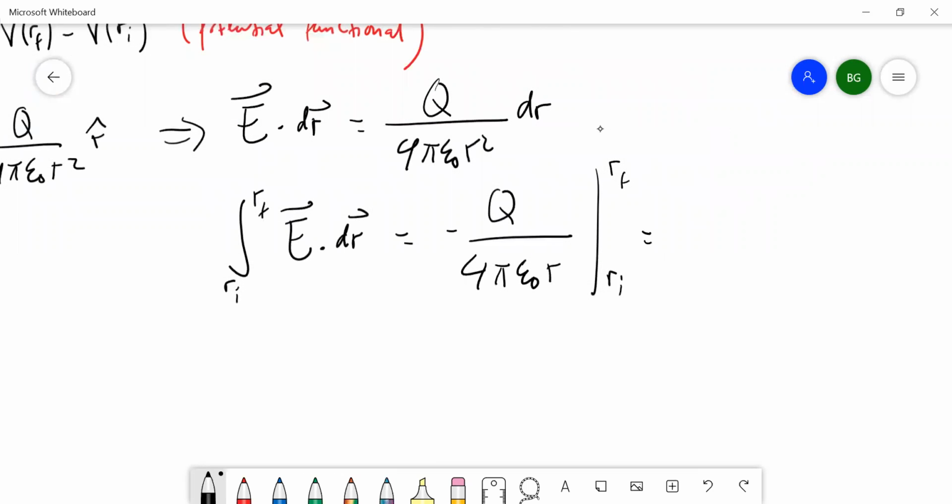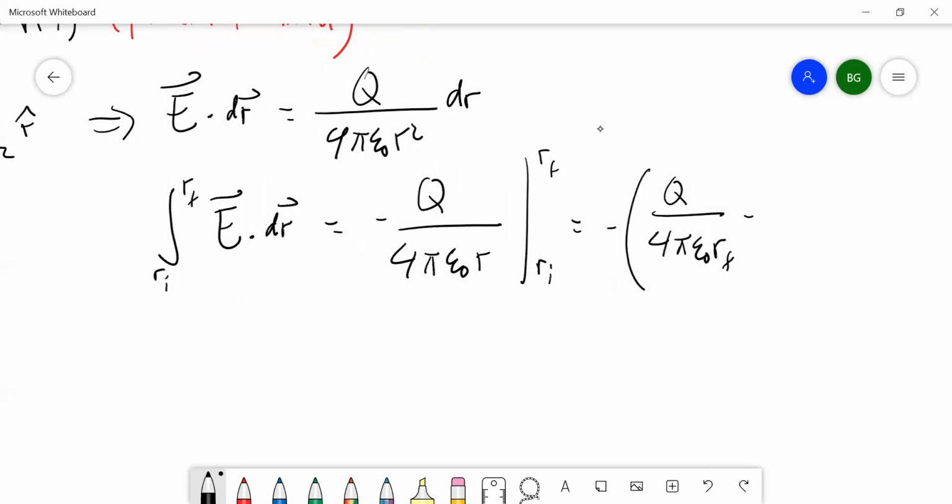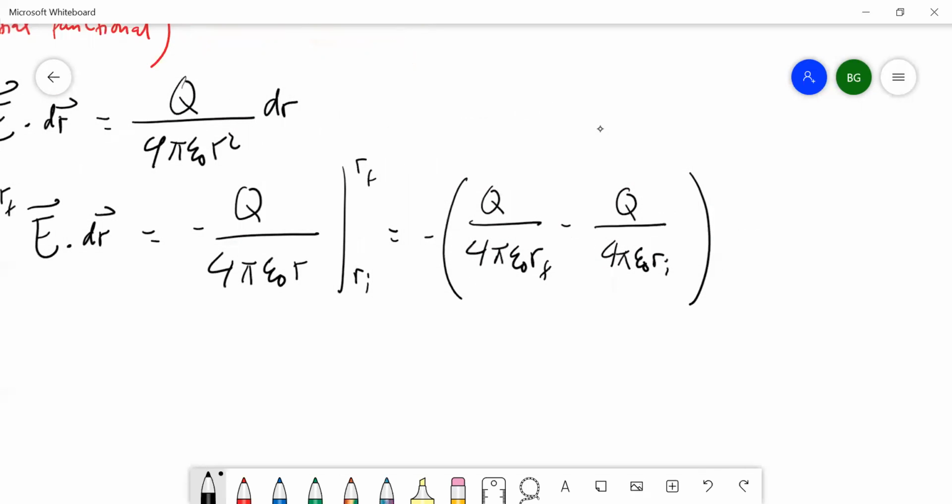So it should be minus Q over 4 pi epsilon 0 Rf minus, minus Q over 4 pi epsilon 0 Ri. So this is minus delta V.